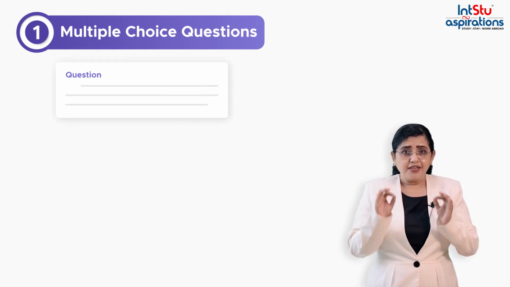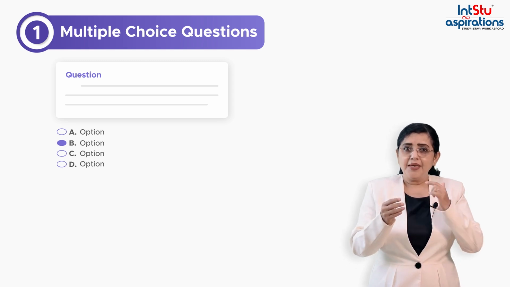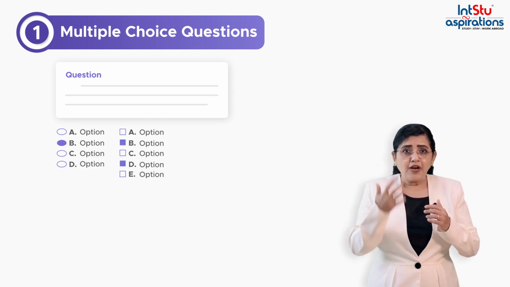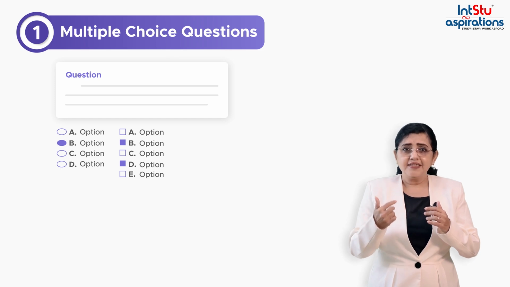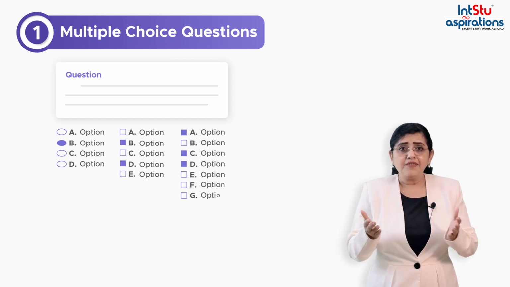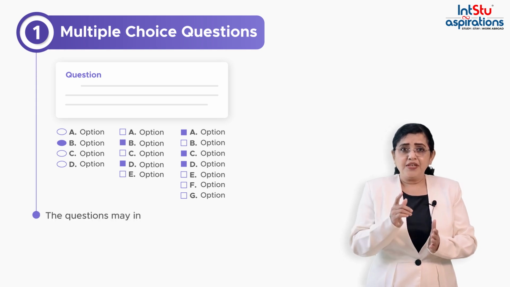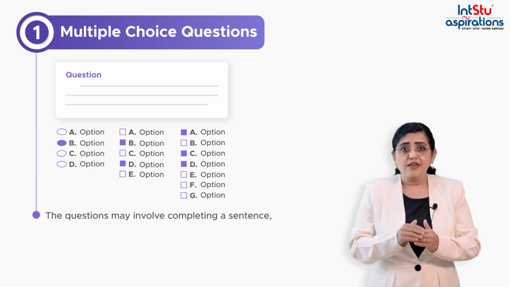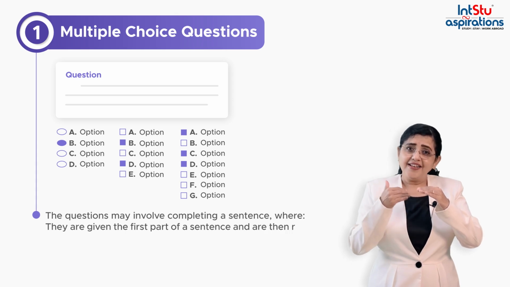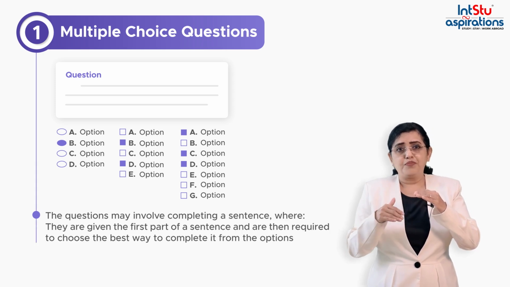Test takers are required to choose the best answer from 4 alternatives A, B, C or D, or the best 2 answers from the 5 alternatives A, B, C, D or E, or the best 3 answers from the 7 alternatives A, B, C, D, E, F and G. The questions may involve completing a sentence where they are given the first part of a sentence and are then required to choose the best way to complete it from the options.